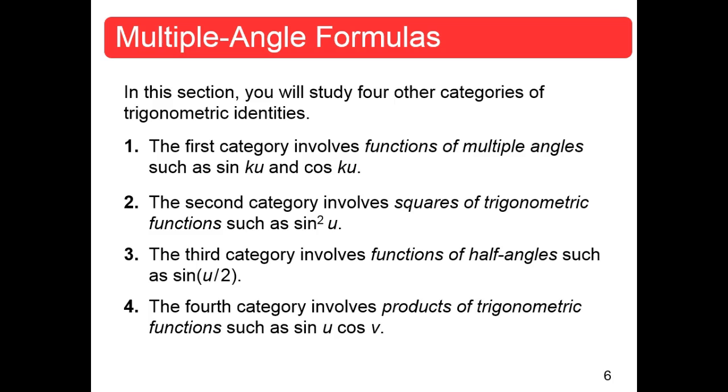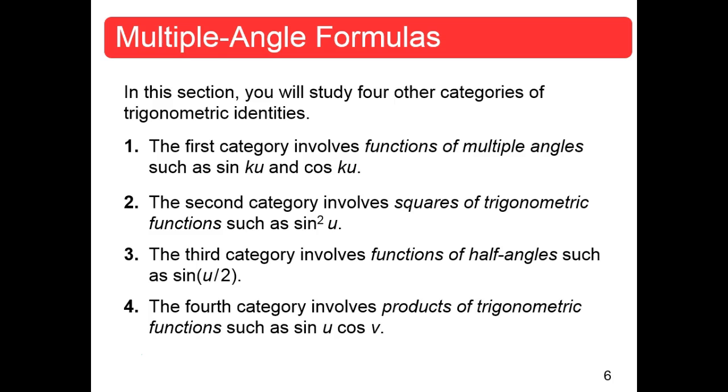So let's first look at multiple angle formulas. In this section, we will study 4 other categories of trigonometric identities. The first category involves functions with multiple angles, such as sine ku and cosine ku. We did some of those in solving equations, and when we were doing how it changes the periods in graphing.